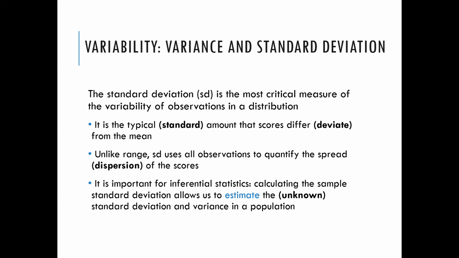Unlike the range, the standard deviation uses all observations to quantify the spread or the dispersion of the scores. And the standard deviation is very, very important in inferential statistics. We can calculate the sample deviation, and that allows us to estimate the unknown standard deviation and variance in a population. And you'll see why that's important when we start to talk about hypothesis testing and running models for our data.